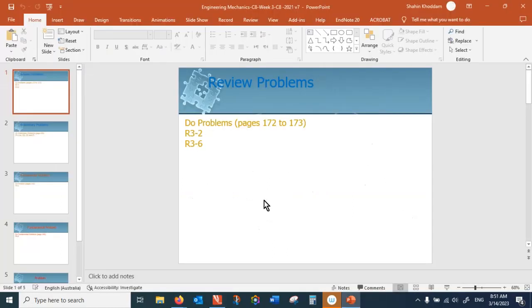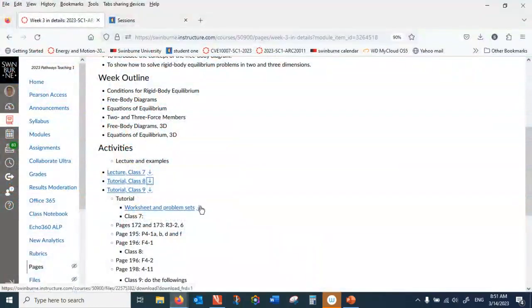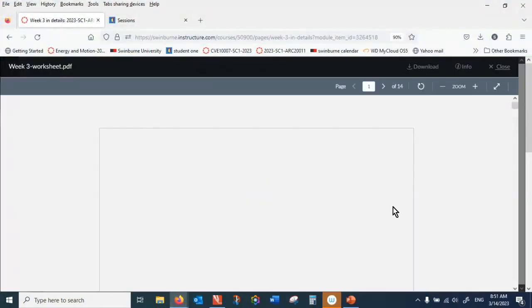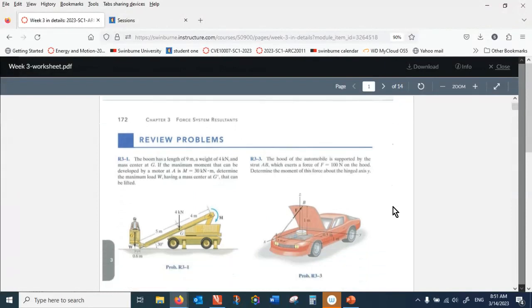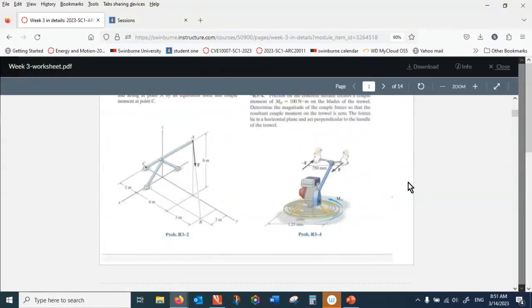Okay, so now we start with pages 172 to 173. All right, these are the review problems.